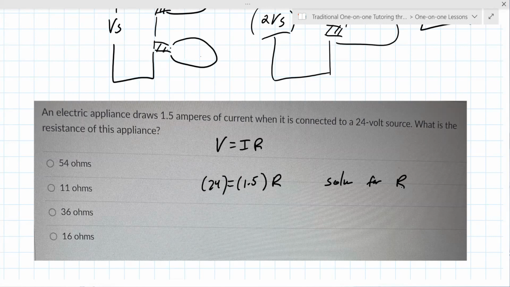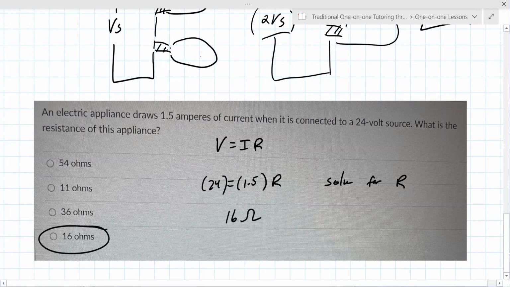So 24 divided by 1.5. Let's get that number. Got a 16 ohms. That's purely Ohm's law.